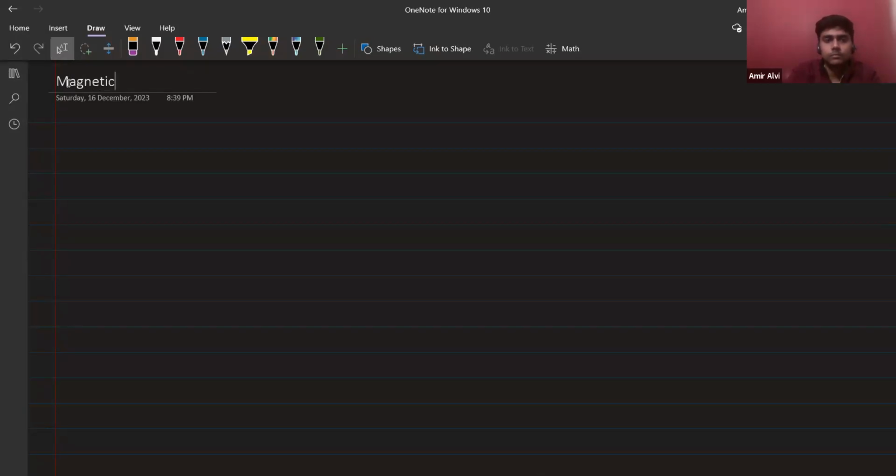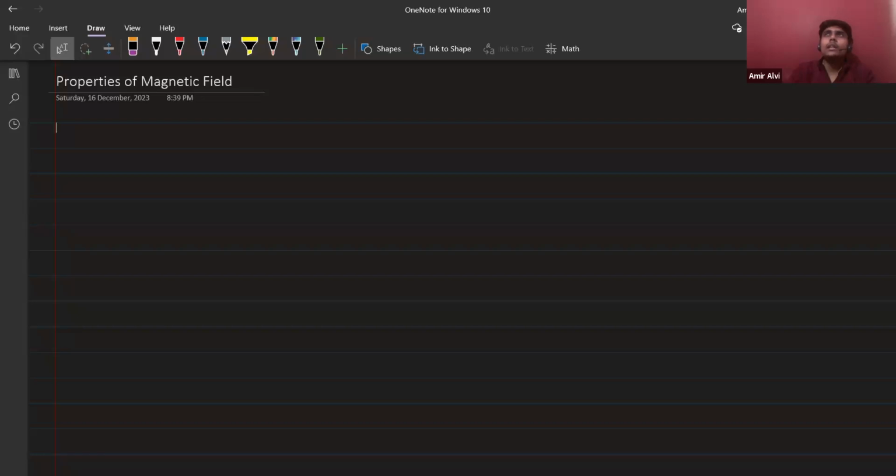And magnetic induction. Okay, so basically induction and the electric generator and motor are not there.